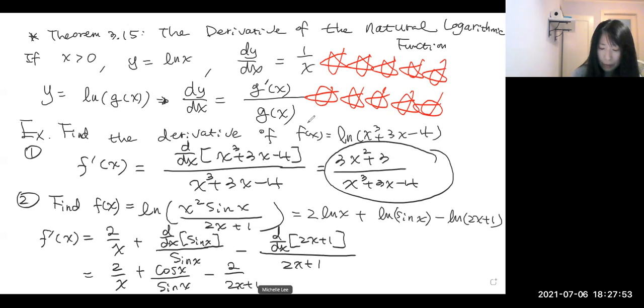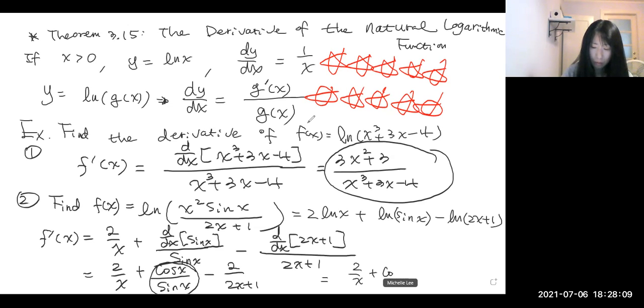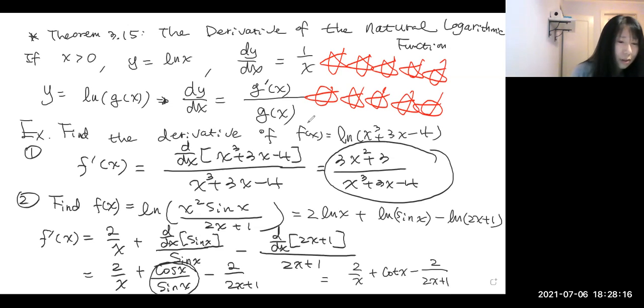Okay, so you can simplify this one like a cotangent, right? Let us leave it like that, because we need the common denominator to make it simple. We skip that one. Let me erase this one.